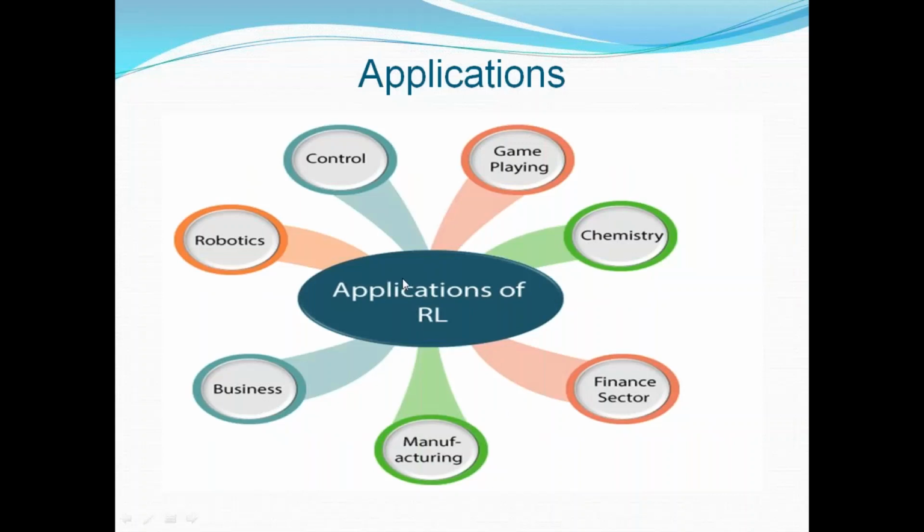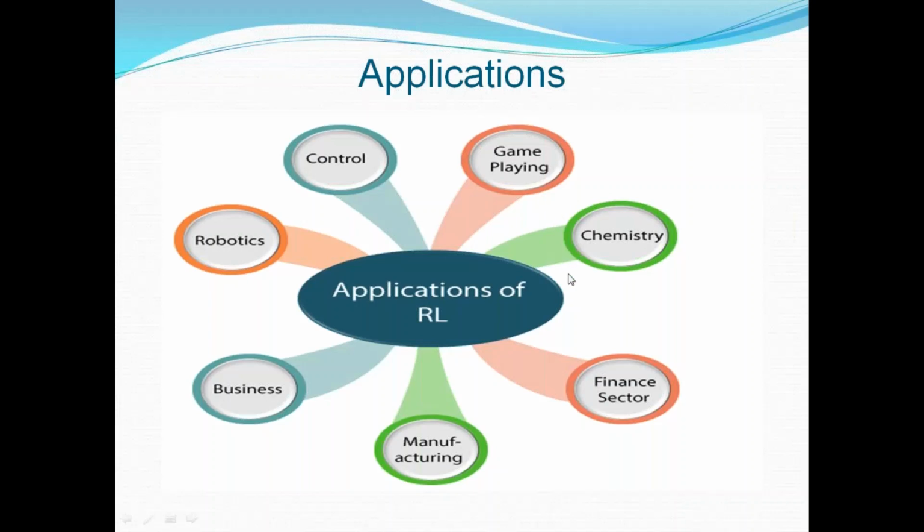So these are the different applications of reinforcement learning. You can have it in robotics, which we have seen in the example, as well as chess. Game playing is where you can employ it for chess, Pac-Man games, or tic-tac-toe games.